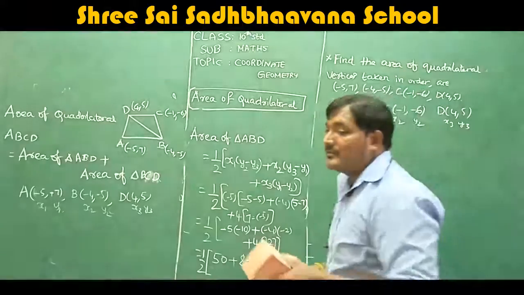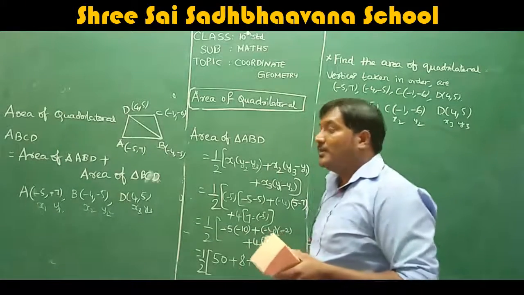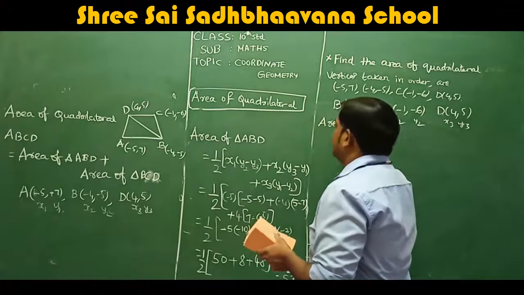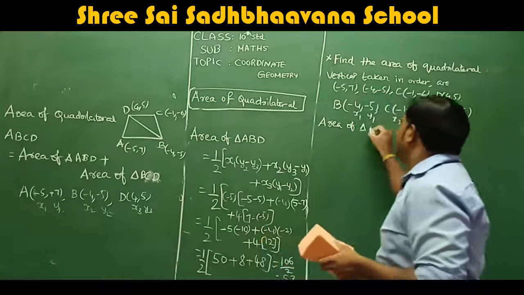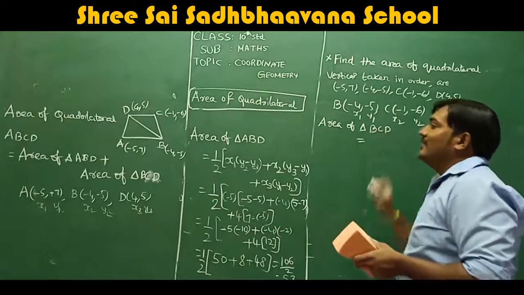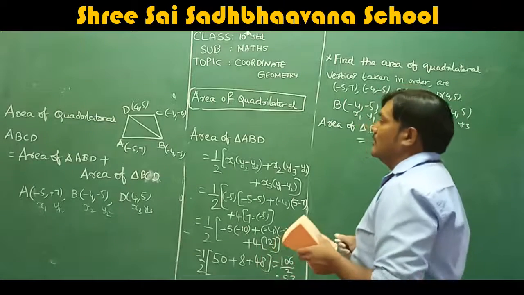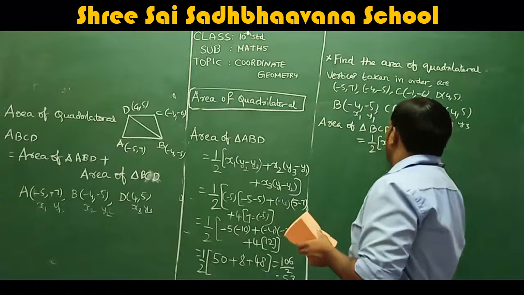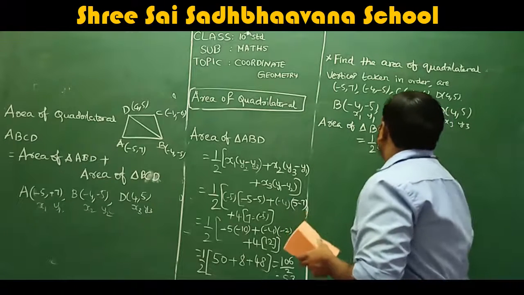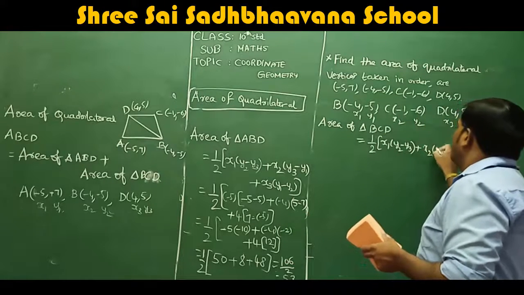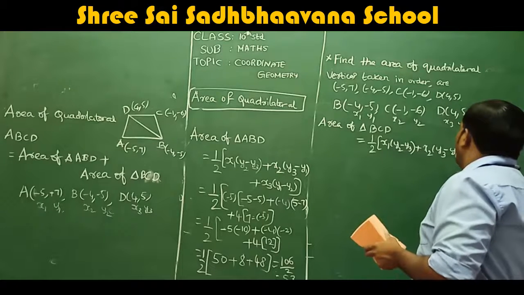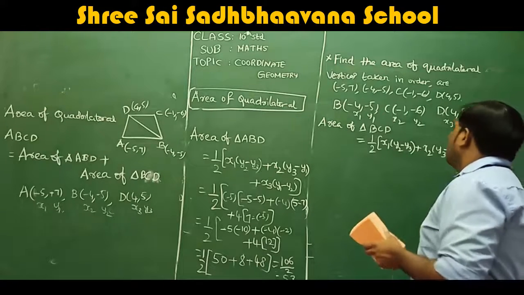So we have taken all these coordinates. What will be the next step? Area of triangle BCD is equal to half into x1 into y2 minus y3 plus x2 into y3 minus y1 plus x3 into y1 minus y2.